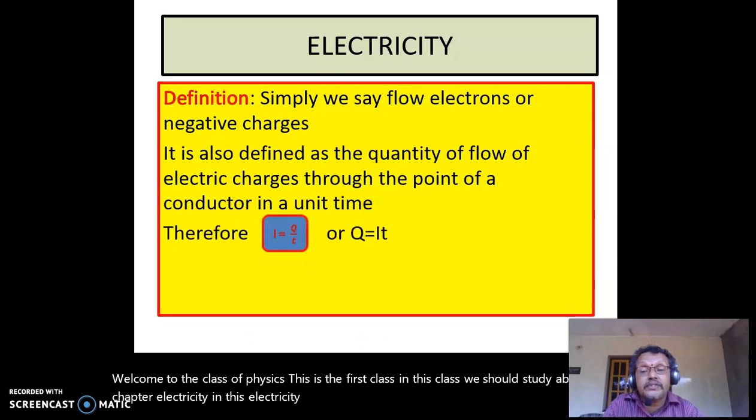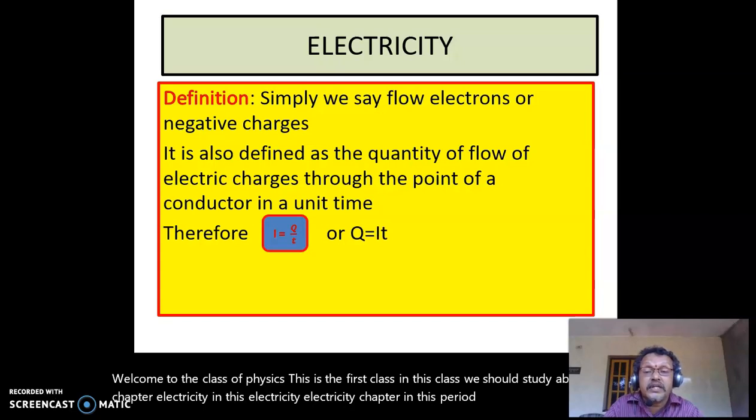If you remember I equals Q by T, then you can write the definition. Q means coulomb, T means time. So in 1 second, how many coulombs of charge pass through a point? That is called current.